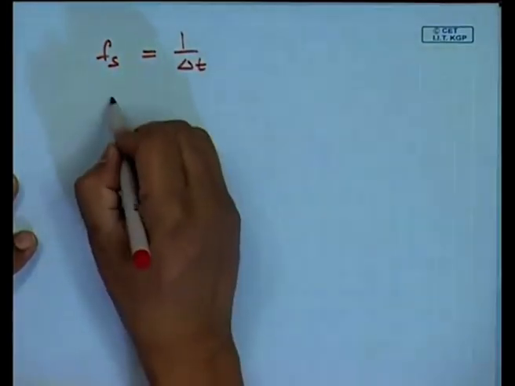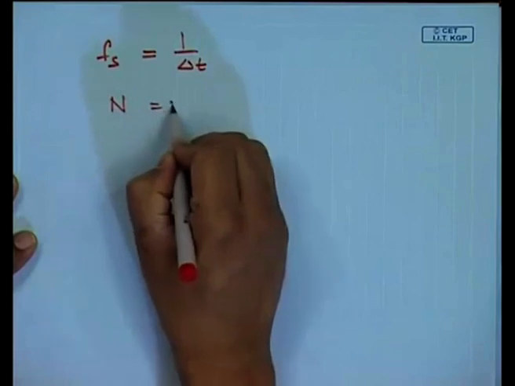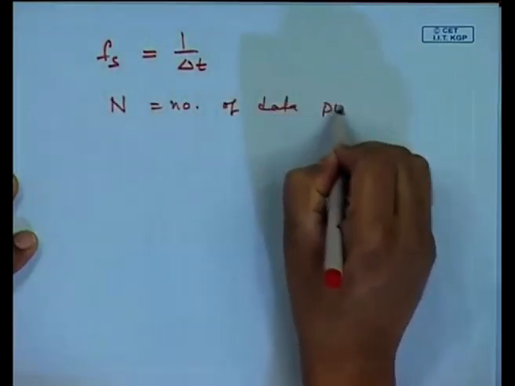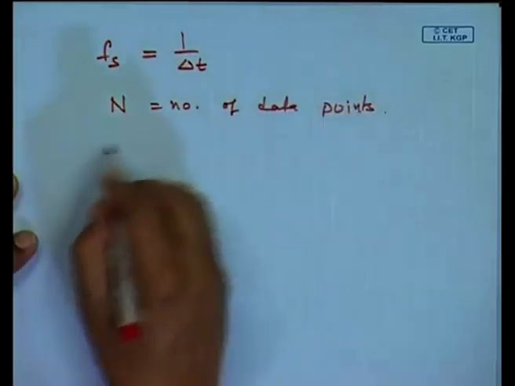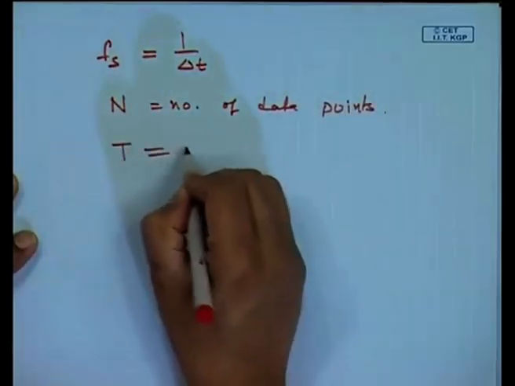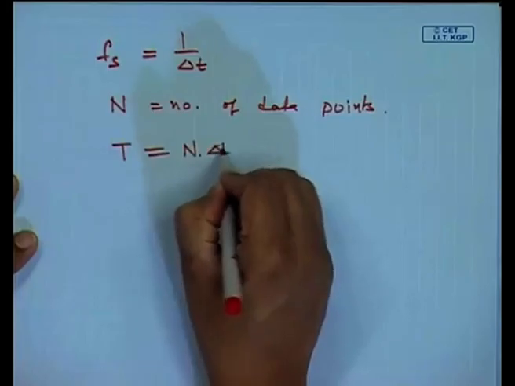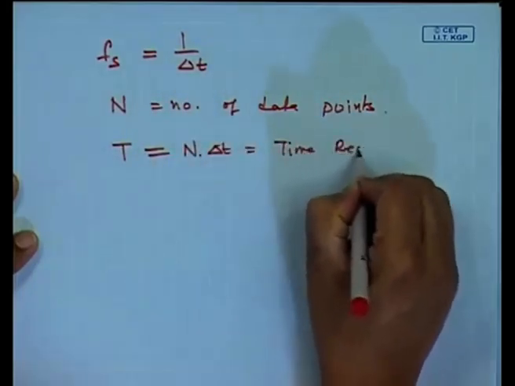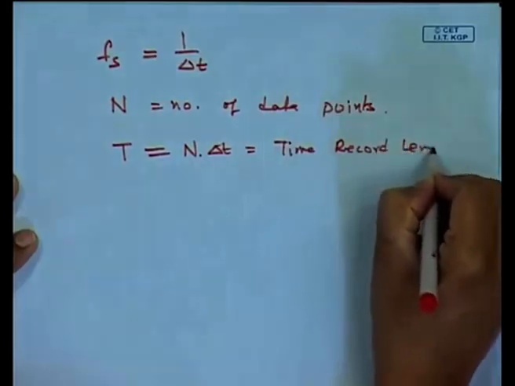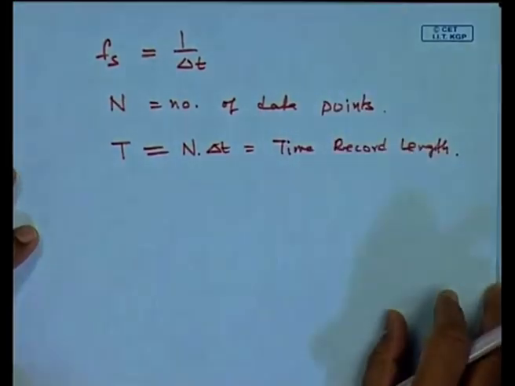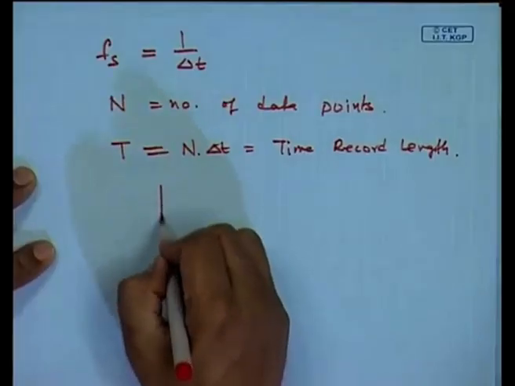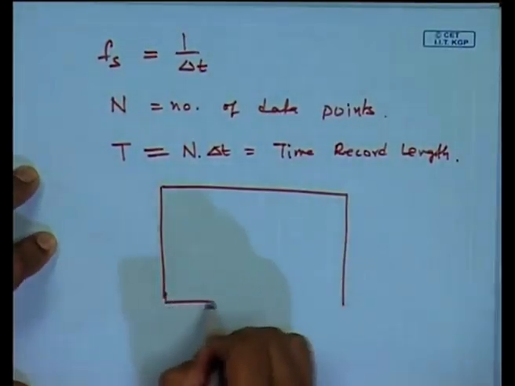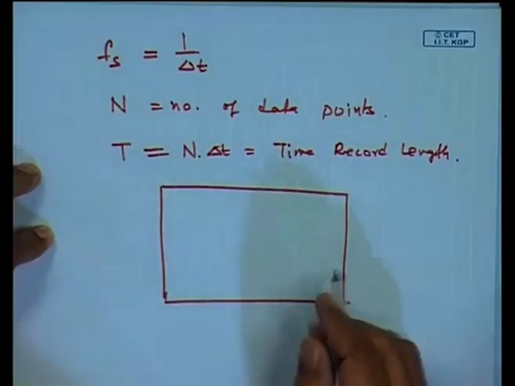If the number of data points is n, total time T is nothing but n times delta t. This is nothing but the time record length. Because I have to do FFT on a block of sample data.